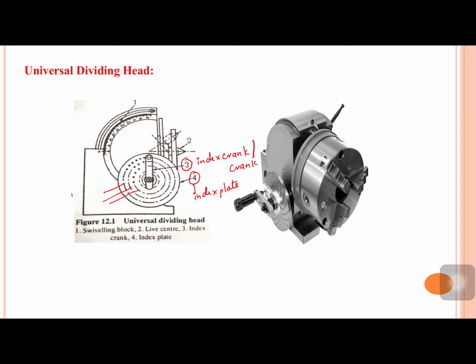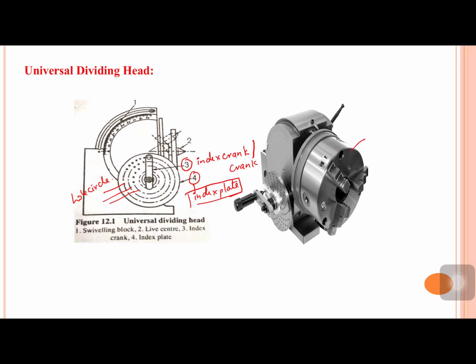On this index plate, you can see there are different types of hole circles. That may be a 27 hole circle, an 18 hole circle, or a 15 hole circle. Usually there are 6 different hole circles placed on this index plate.